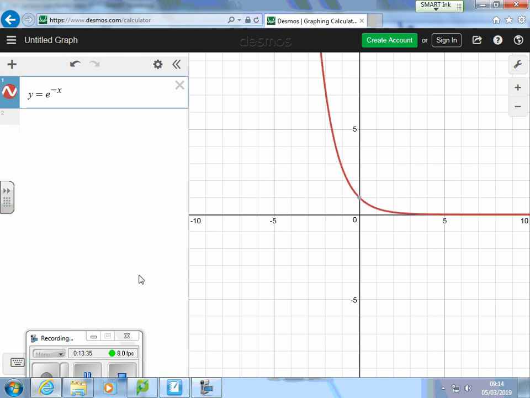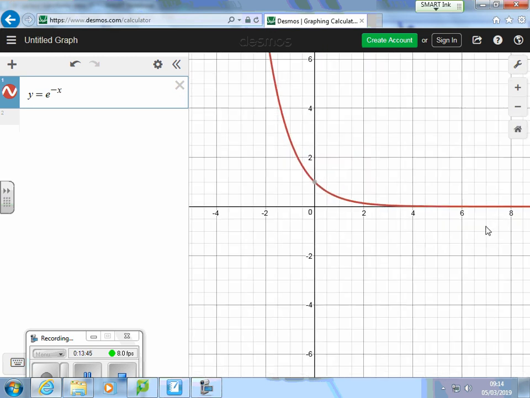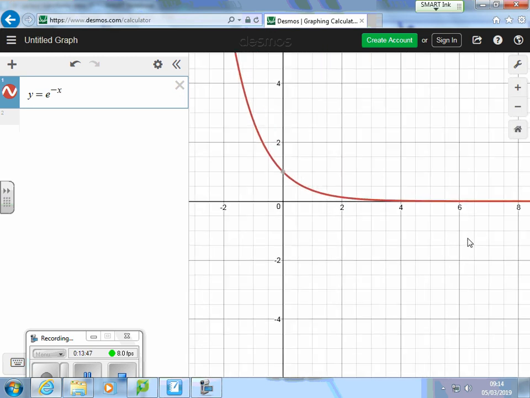Y equals e raised to the minus x. Yeah. So where does y tend towards as x gets bigger and bigger? So e to the power of minus infinity must be 0. Are you all happy with that? Yeah.